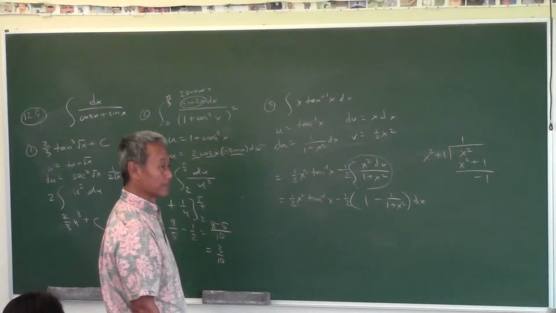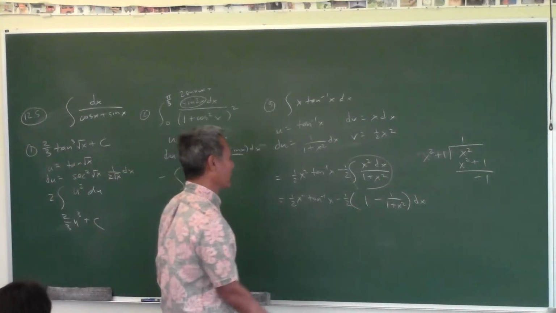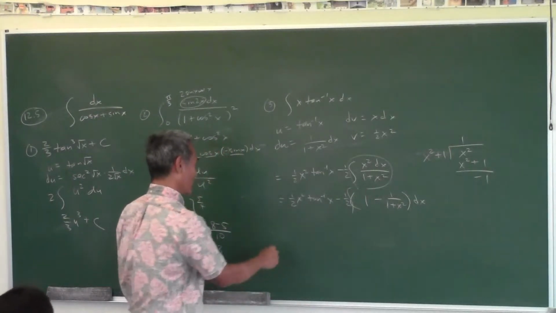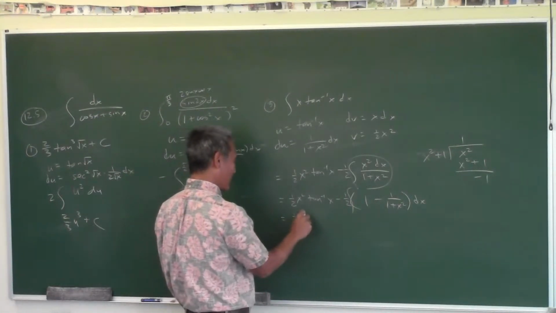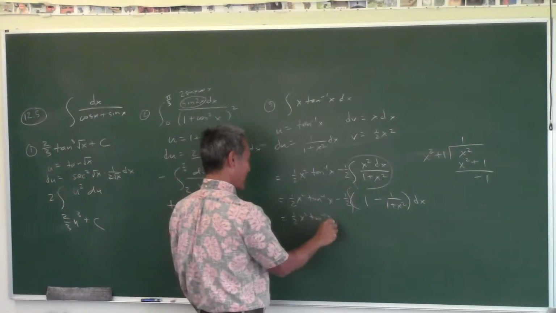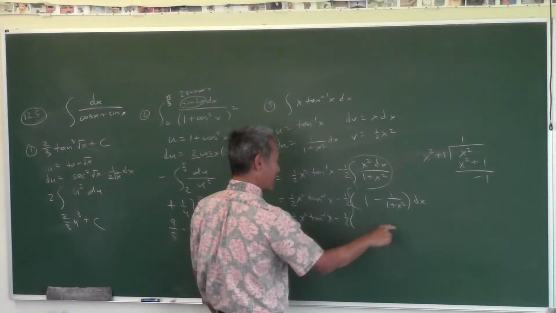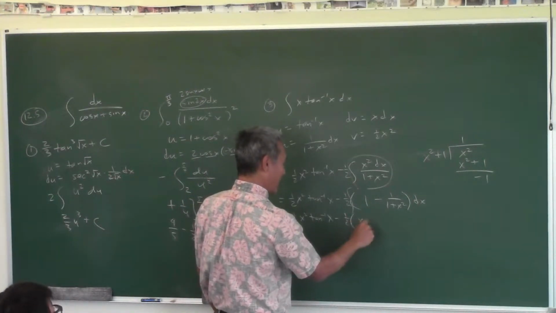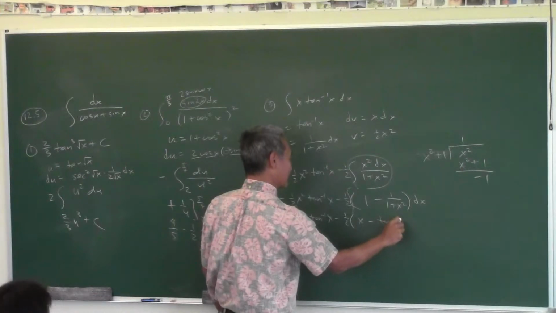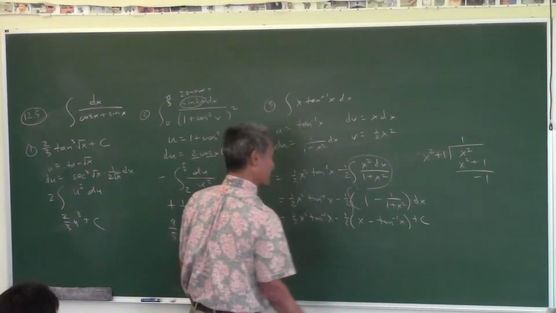Isn't there an integral sign? Oh yeah. So, 1/2 x squared tan inverse x minus 1/2 times the integral of this, but that's easy. x minus tan inverse x, and then don't forget to put the plus c.